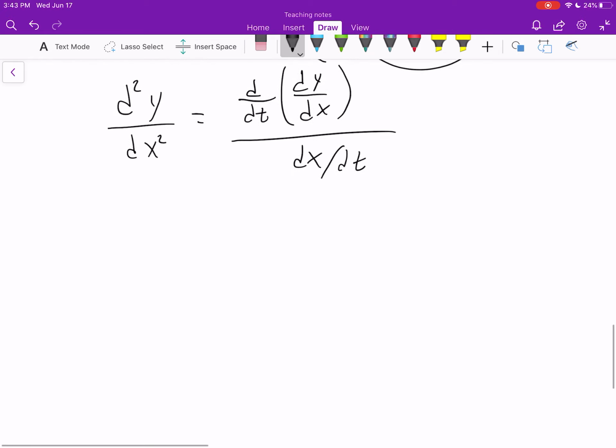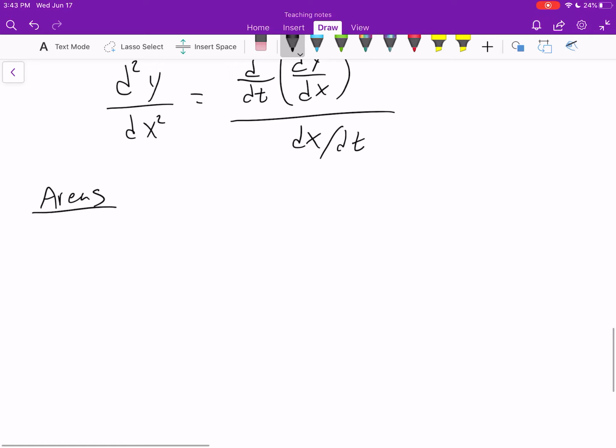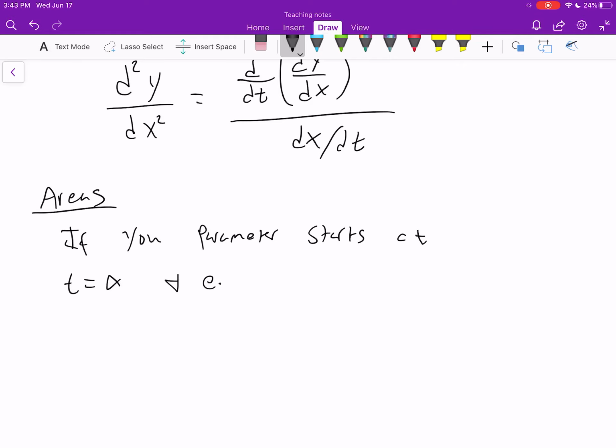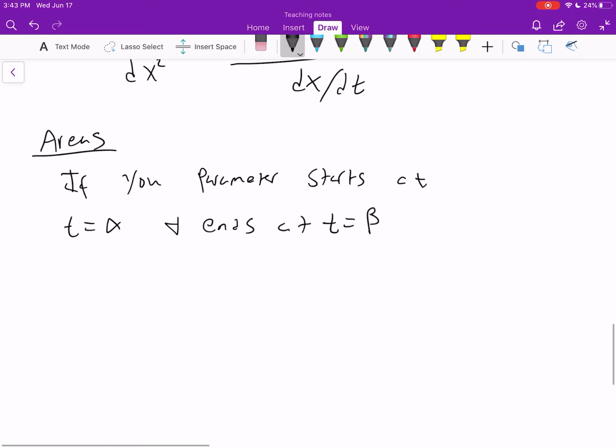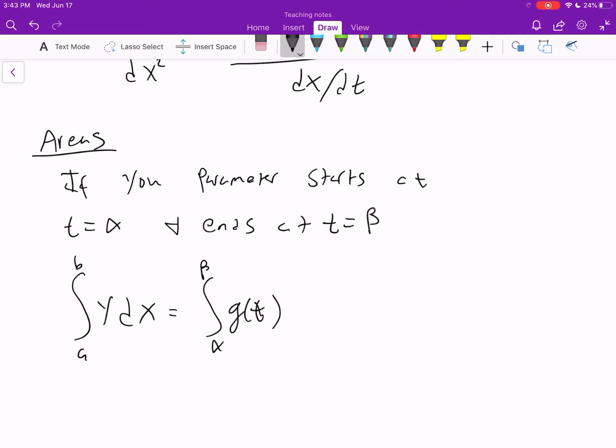We also talked about integrals, so areas. The way you do that is, if your parameter starts at t is equal to alpha and ends at t is equal to beta, then the original integral from a to b of y dx, remember here we're going to assume x is equal to f of t, y is equal to g of t, is going to become the integral from alpha to beta of y, so g of t, and because x is f of t, its differential is going to be df dt times dt.